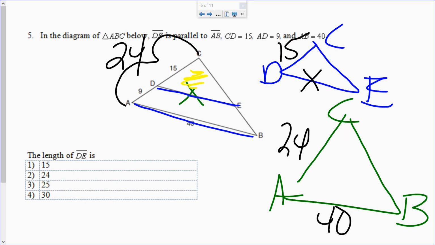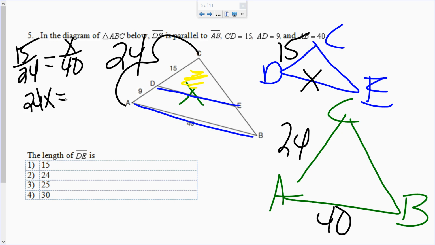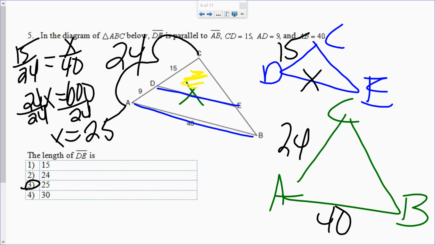Now that I have that, put your corresponding pieces on top of each other. 15 over 24, x over 40. 24x equals 600. 600 divided by 24 is, I think, 25. Yes, it is. So that would be your answer.